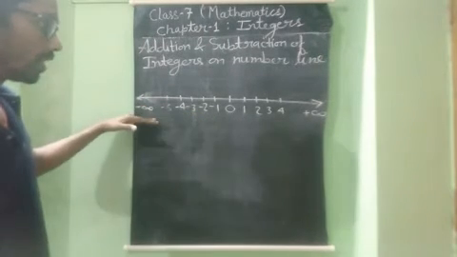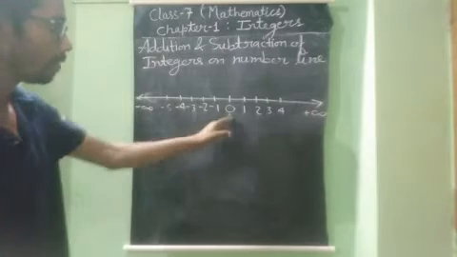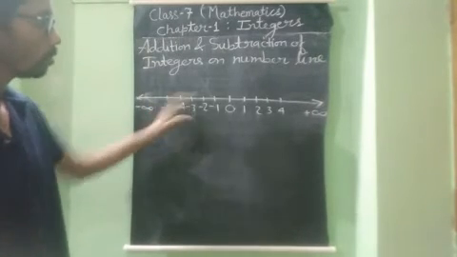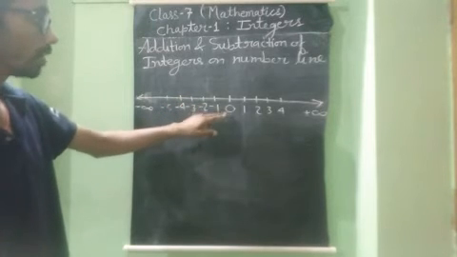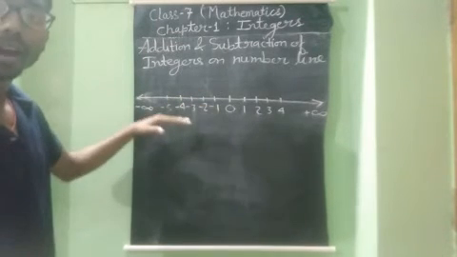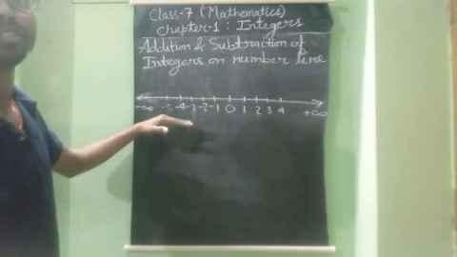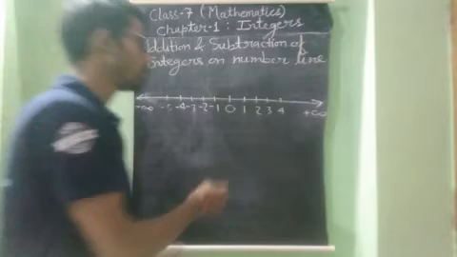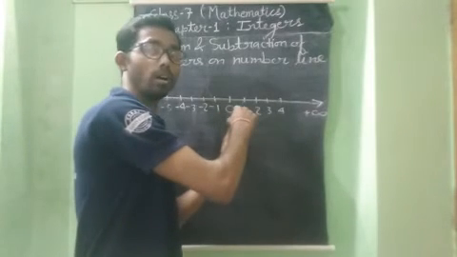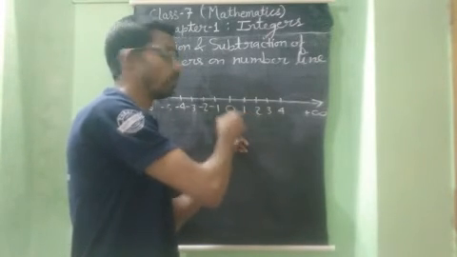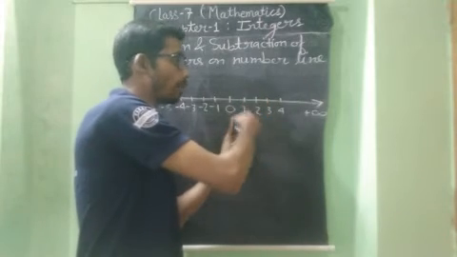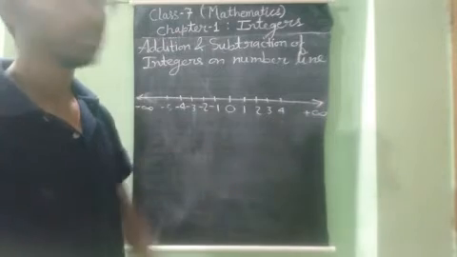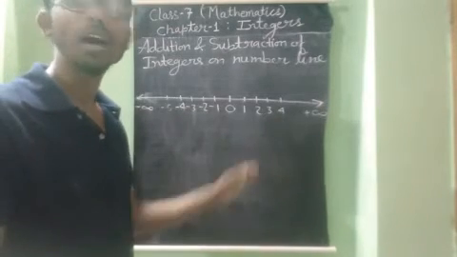These all numbers are negative, so the left side of 0 is called the negative side of the number line, and all the numbers on the left side of 0 are called negative integers because they all have negative sign. All the numbers on right side of 0 are called positive integers because they have positive sign.